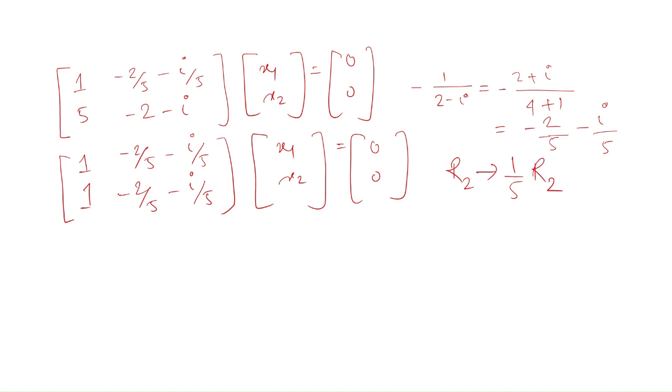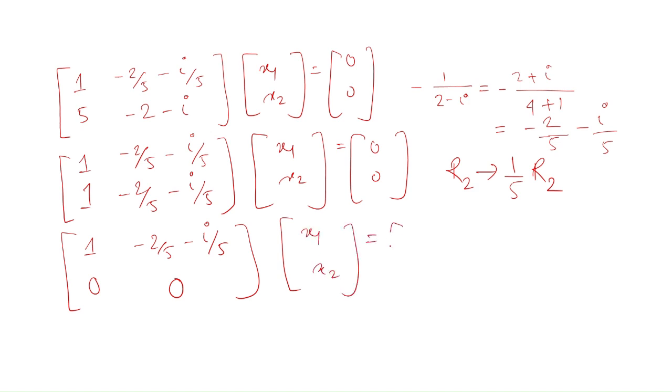Now you look that both the rows are the same, therefore they are identical, so we can write 1, minus 2 by 5 minus i by 5; 0, 0, with x1, x2 equal 0, 0.